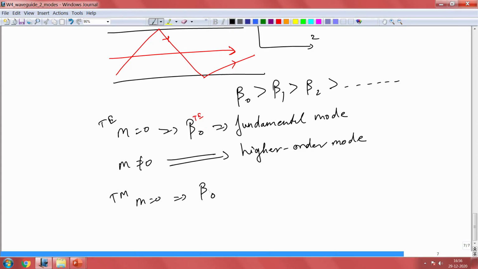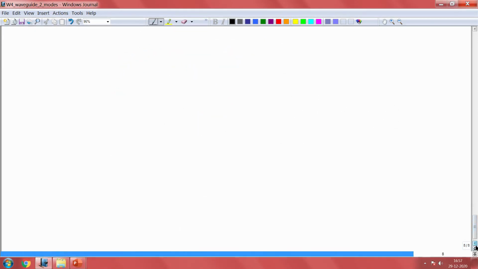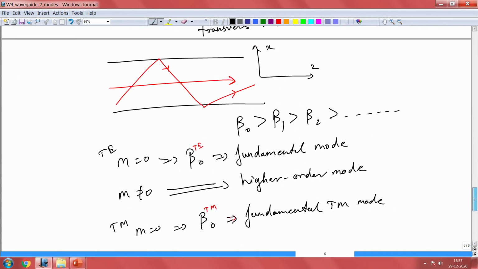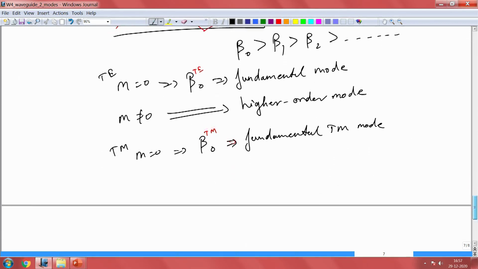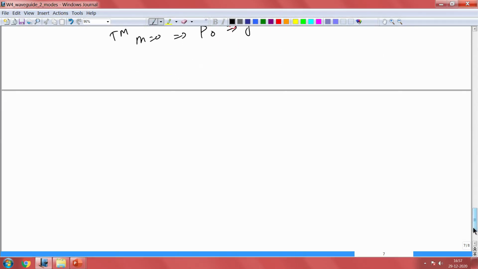The same thing applies here, but we call this TM. But then this is again the fundamental TM mode. So, you could call it fundamental TM or fundamental TE. All right. So, this is something that you can revise and then see how one can relate the discrete modes to the solutions with respect to polarization.